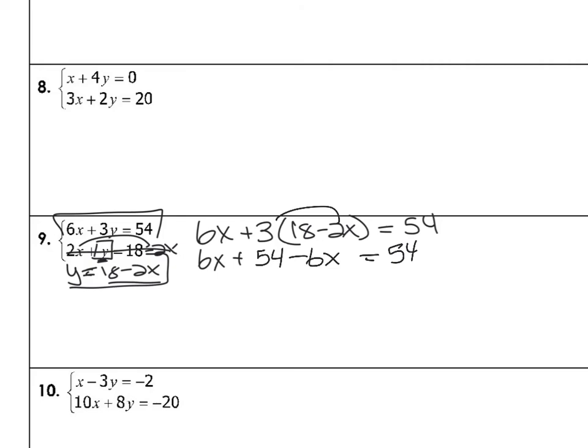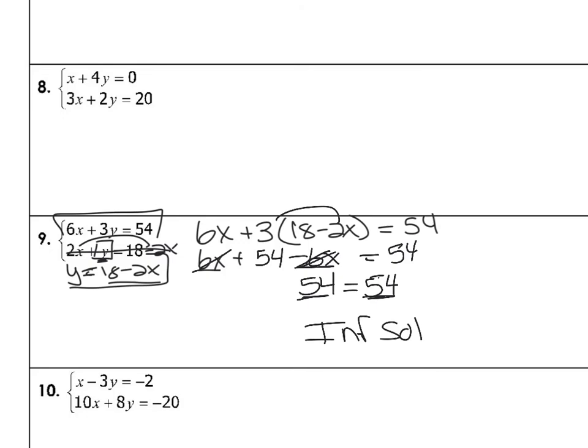And you say, well, wait a minute here. 6x minus 6x, when I combine like terms, my x's cancel out, and I'm left with 54 equals 54. Do you remember when we were solving equations, we said what happens when the variable cancels out? If it's true, then it's infinite solutions.